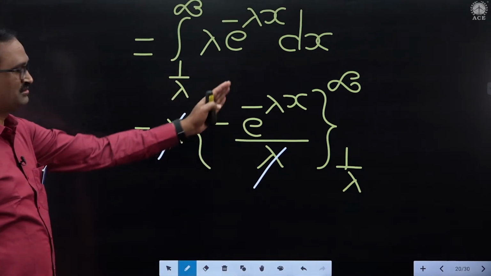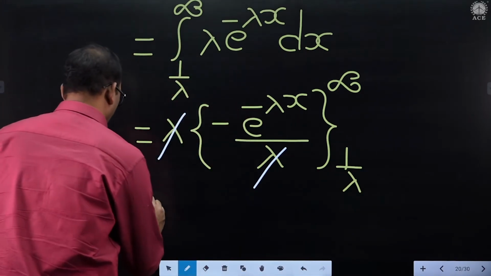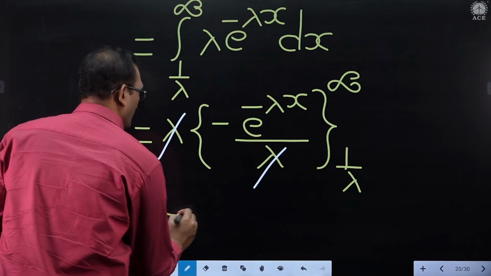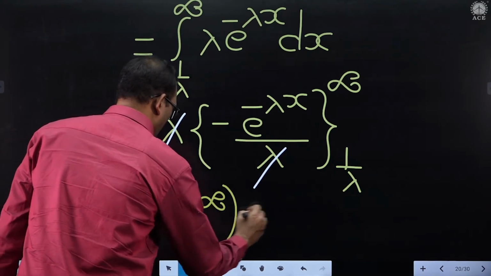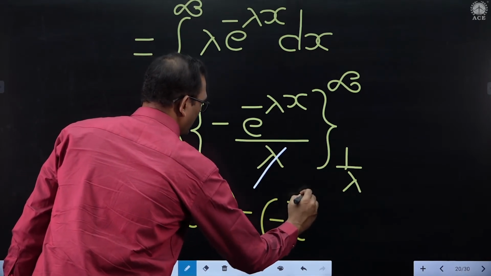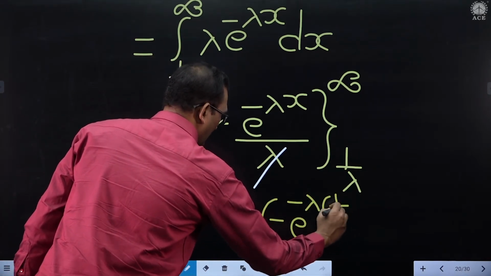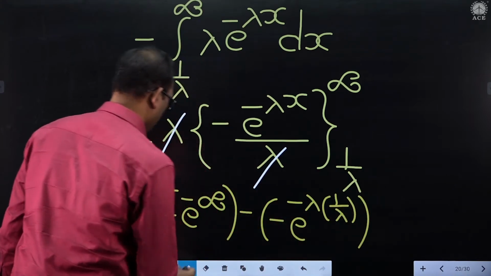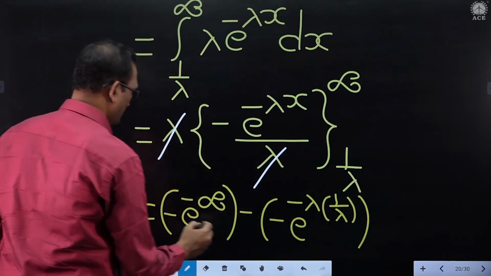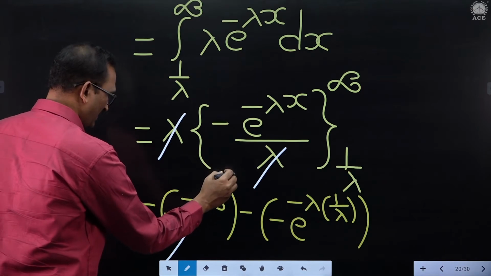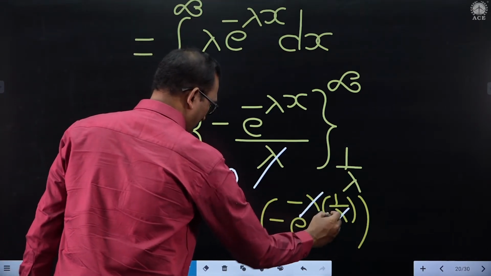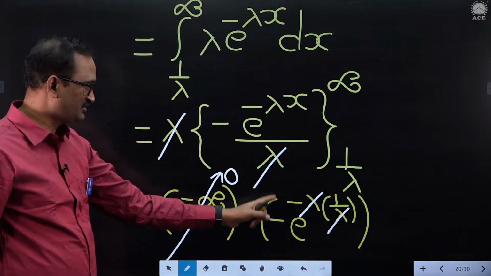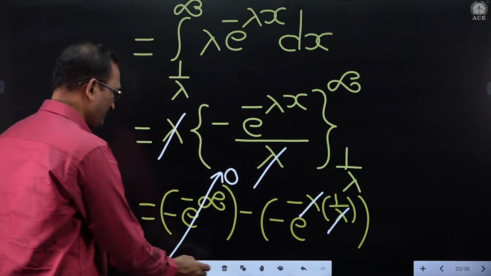So this is equal to, substituting x is equal to minus infinity, then it is minus e power minus lambda into infinity, minus into e power minus lambda into 1 by lambda. e to the power of minus infinity value is 0. So here lambda cancels, minus into minus plus, e to the power of minus 1.